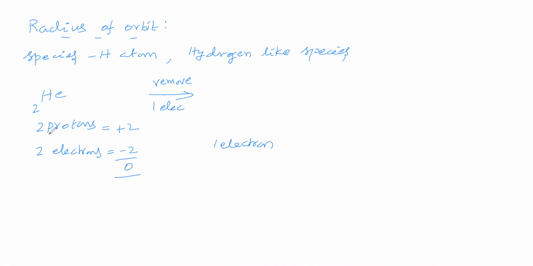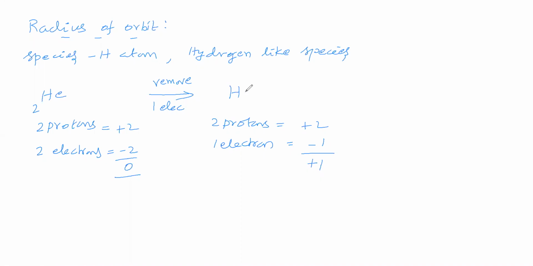We remove 1 electron from the helium atom, so 1 electron remains. We are not touching the protons. The proton charge is +1 each, so 2 protons give +2, and 1 electron gives -1. The net charge is +1.